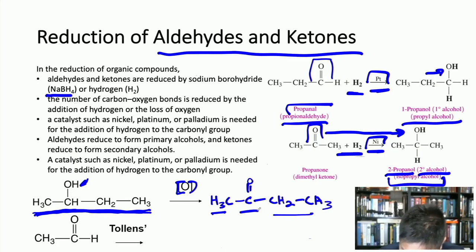All right, so we're using Tollens reagent now. Tollens reagent is the silver plus, right? It has the silver plus in it. What does that do? Well, that oxidizes the aldehyde here, because we have an aldehyde here. Remember, Tollens only reacts with aldehydes, not ketones.